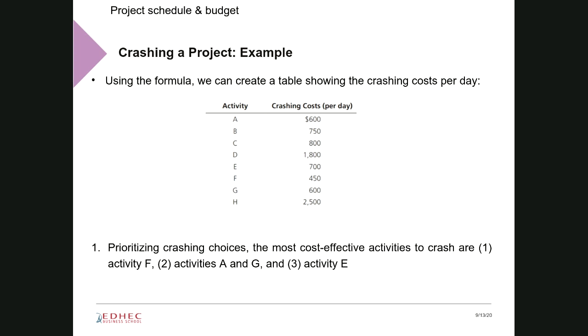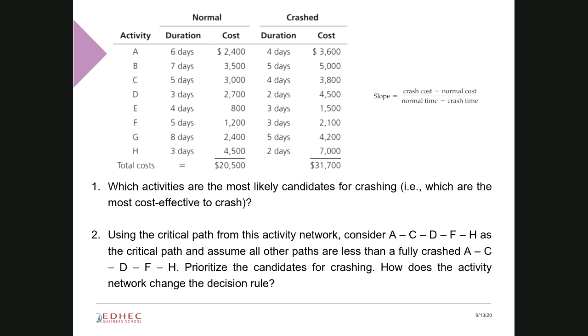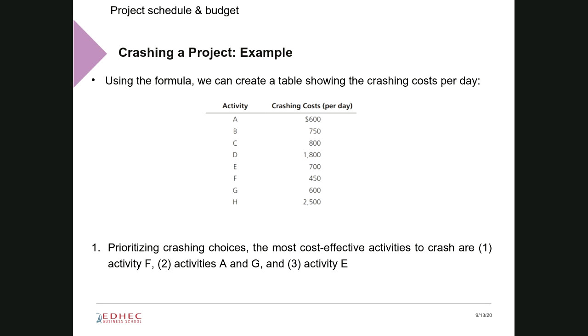So the first thing to do was to for sure calculate the slope for each of these activities. So crashing information for each activity A, B, C to H.